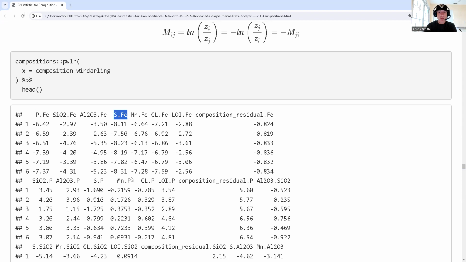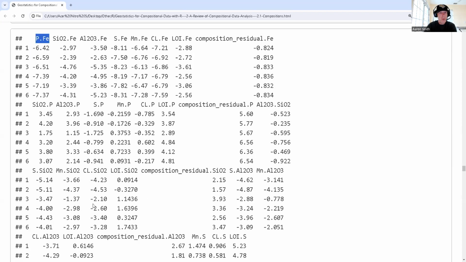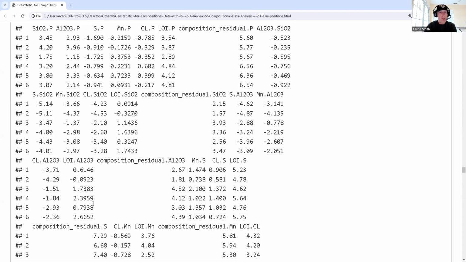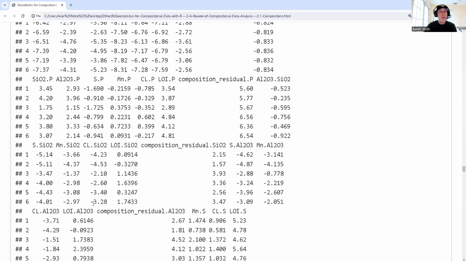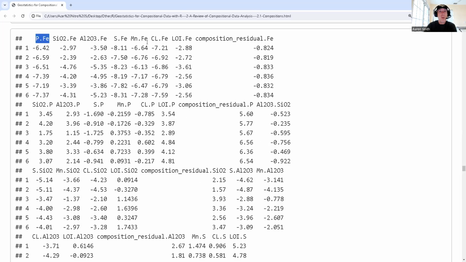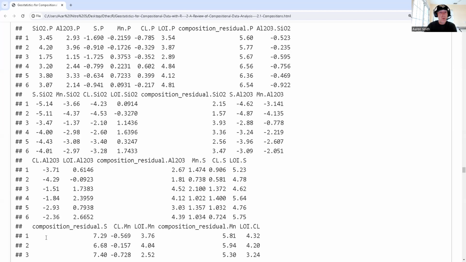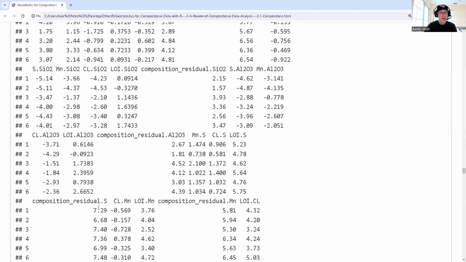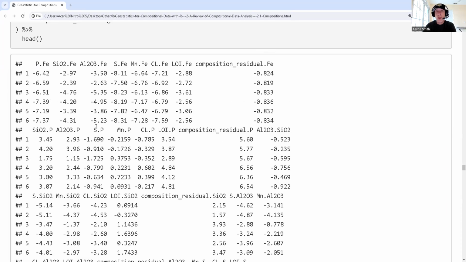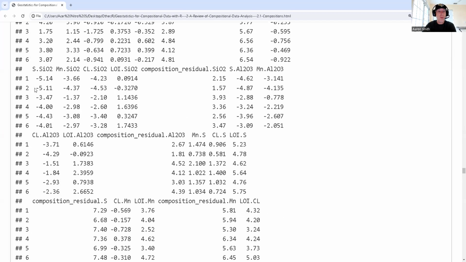You'll notice that here I have PFE, and I'm not seeing FEP. Scrolling through, double checking myself, there's PFE, but I don't see an FEP in the column names because I don't need it. It's going to be the negative of it, so I just need to have the value once.